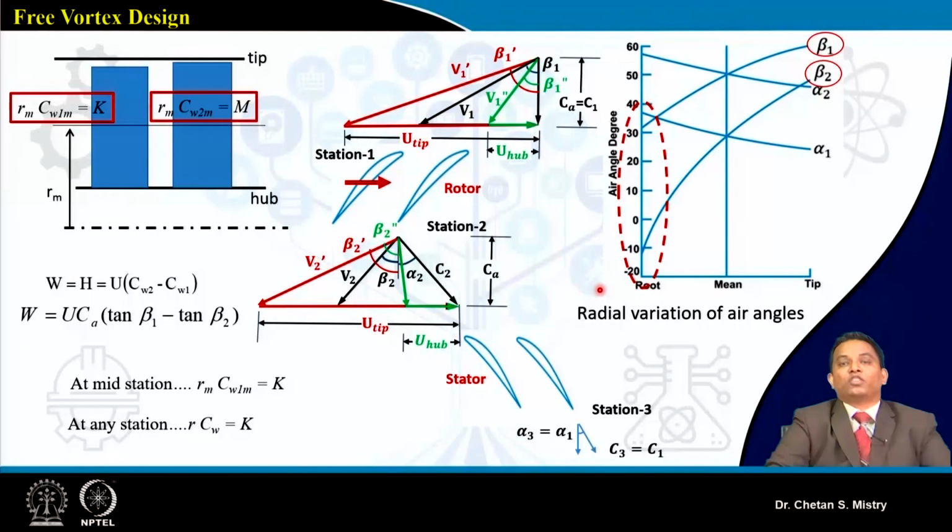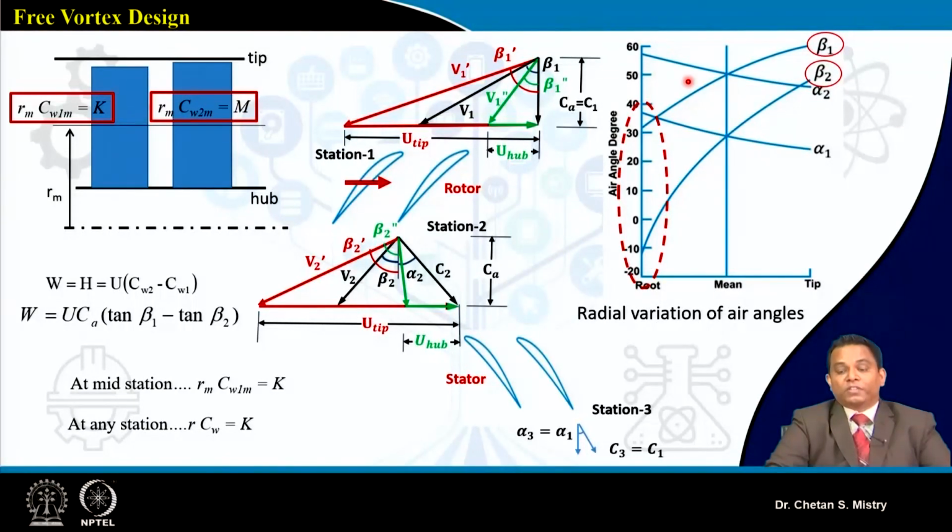That may be in the range of maybe 35 to 42 degrees. And if you are looking near the tip region, that is where my angle delta beta is coming to be lower. When I say delta beta is larger, you can understand that is where more amount of work needs to be done.